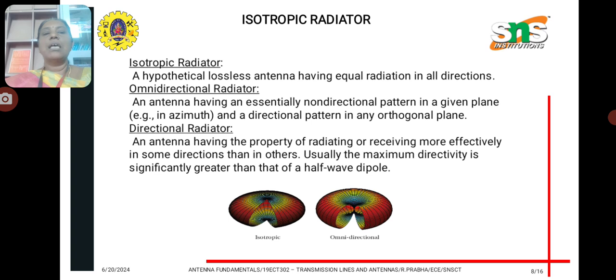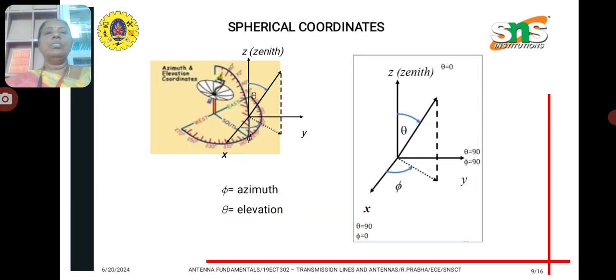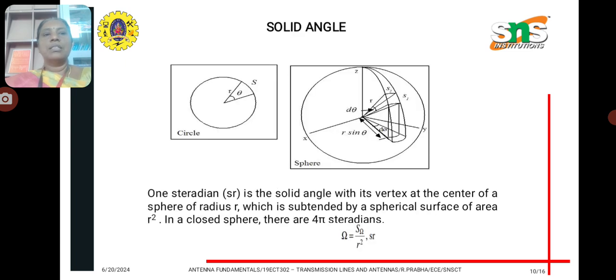This is an example of the radiation pattern of an isotropic antenna, and the antenna radiation pattern is given in spherical coordinates since we are assuming the radiation occupies a spherical surface. Here there are two angles, one is theta, the elevation angle, and phi is the azimuth angle.